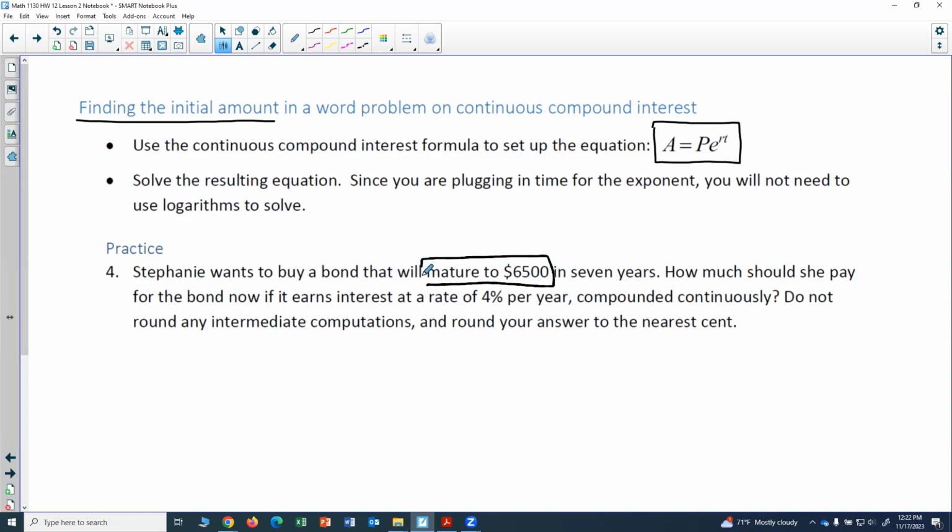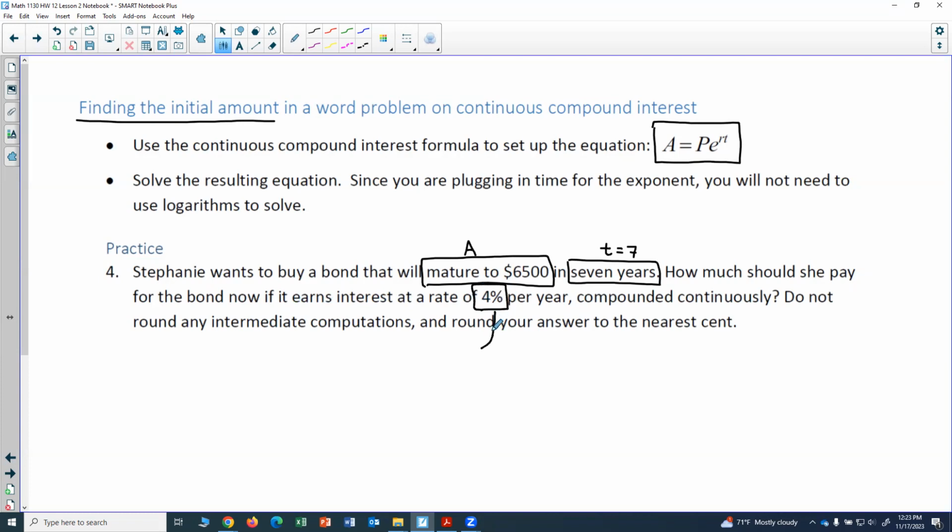That means we want that to be our final amount, so that's our A value, and in 7 years, that's our t value. How much should she pay for the bond now if it earns interest at a rate of 4% per year?